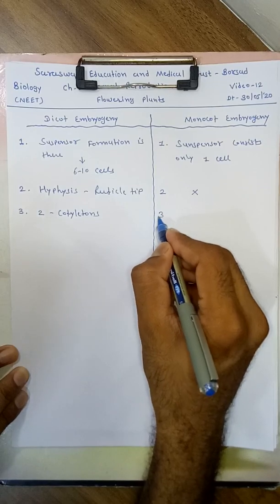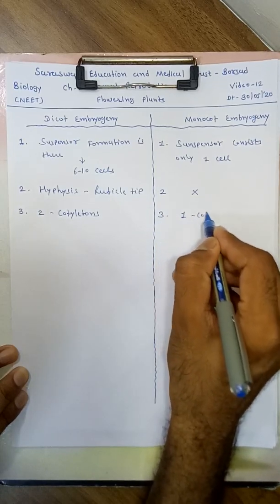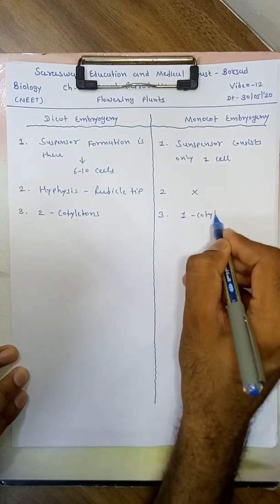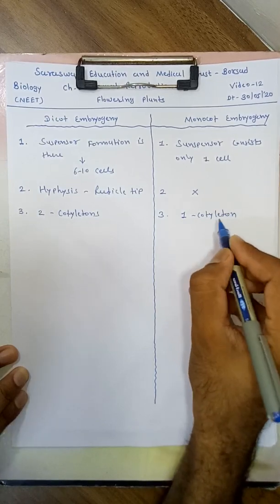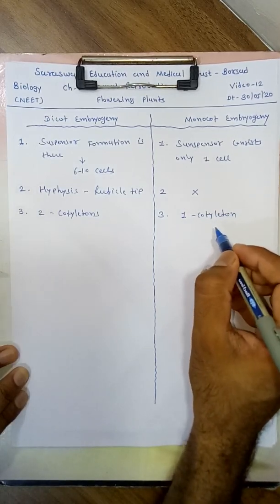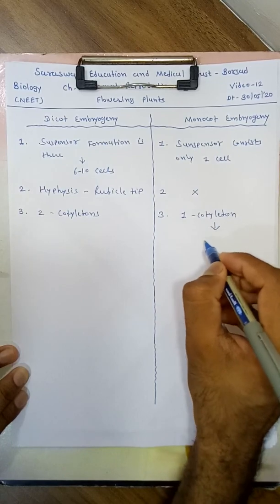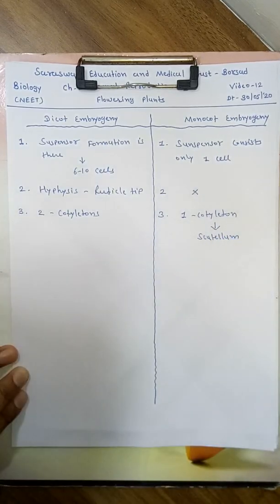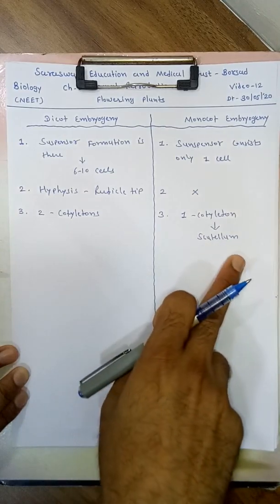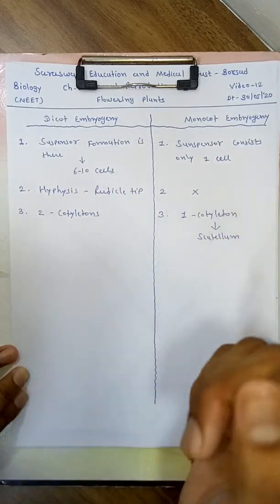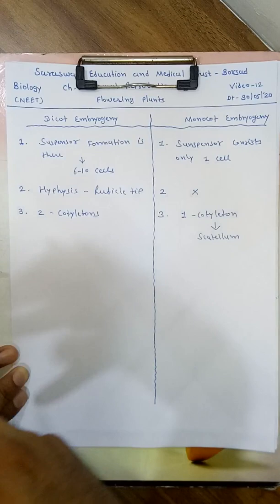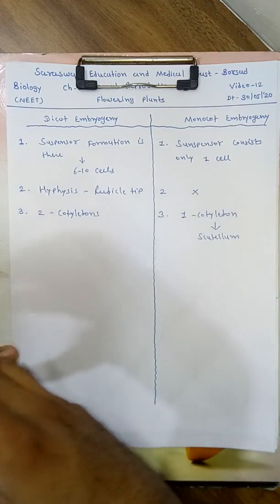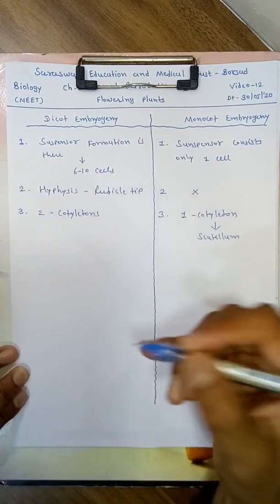Here 1 cotyledon is there, and this largest and well developed cotyledon is called scutellum. અહીં આગળ એકદળીની અંદર તમને એક બીજપત્ર જોવા મળશે અને એને આપણે શું કહીએ છીએ? વરુથિકા. But in certain cases the remaining part of the second cotyledon is present, which is called epiblast.